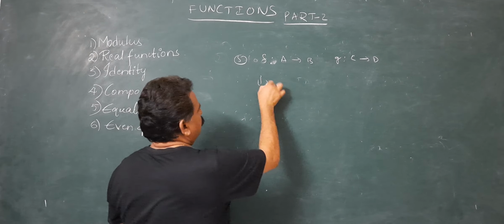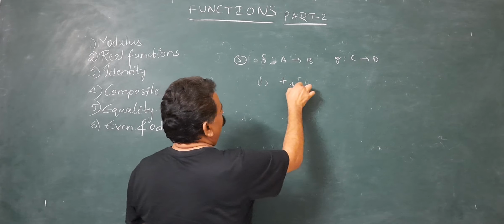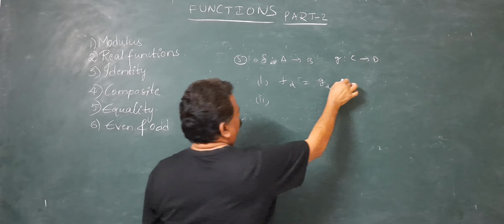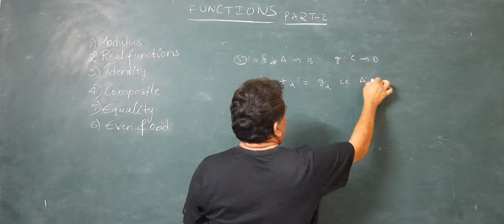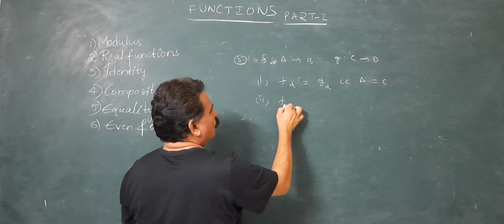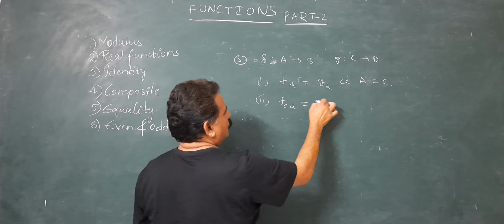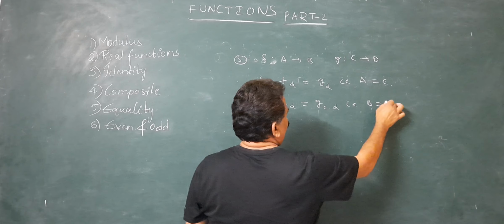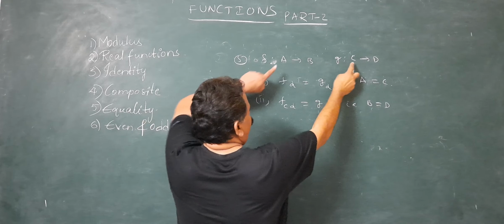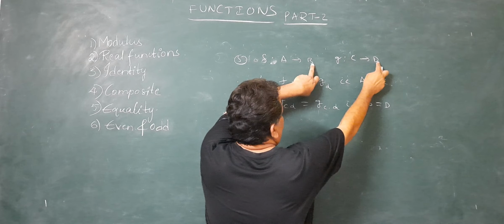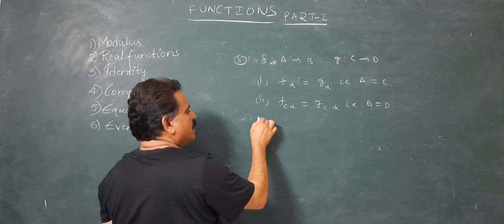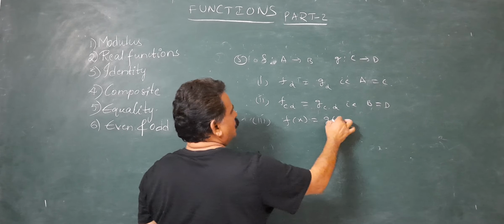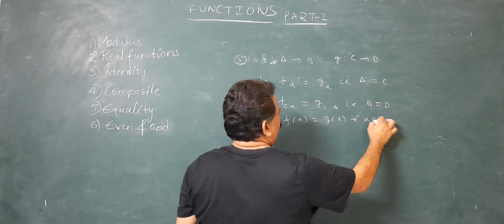First, f domain equals g domain, that is A equals C. Second, f codomain equals g codomain, that is B equals D. Third condition is f of x equals g of x for every x belonging to A.